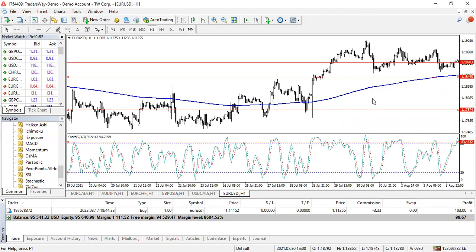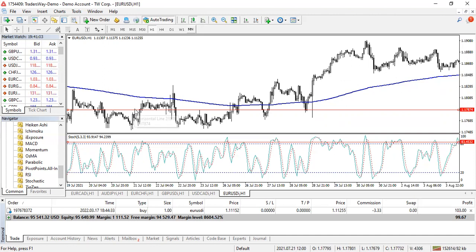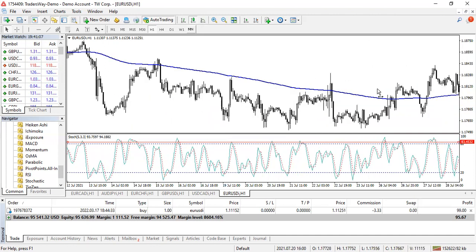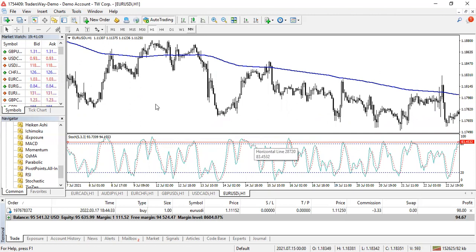So if you want to see what has happened before, you can just draw a horizontal line, just like this. And when you are backtesting, if you have your horizontal, let me use these supports here.